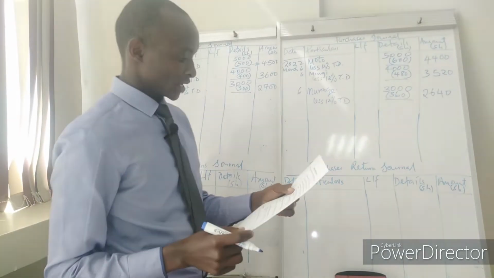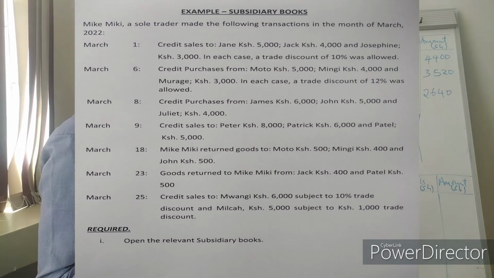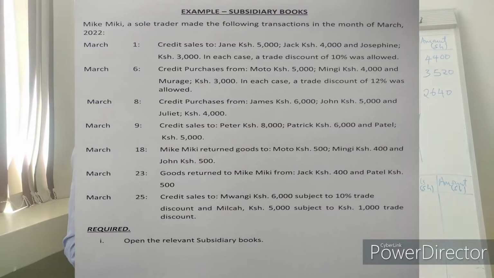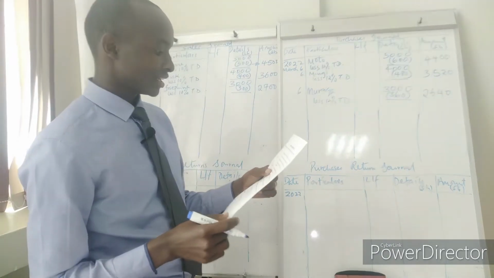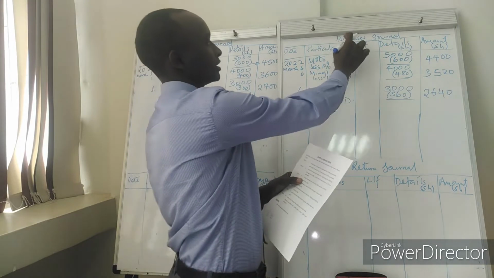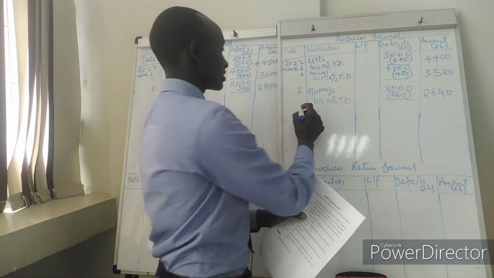So then we move on to March 8th. March 8th, we had credit purchases from James, 6,000. We had John, 5,000. And Juliet, 4,000. But in this case, you can see there is no adjustment for discount, isn't it? So here, we are going just to enter the figures as they are, but credit purchases in the purchase journal. So that is March 8th.